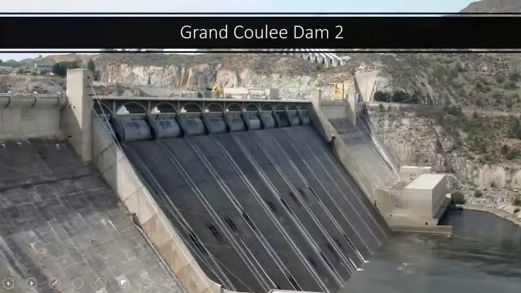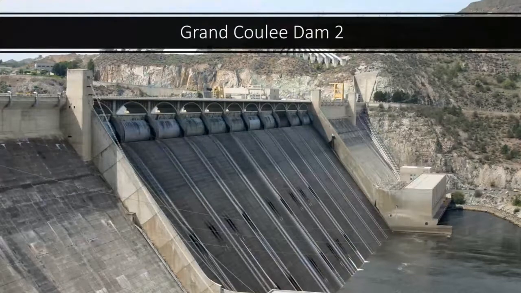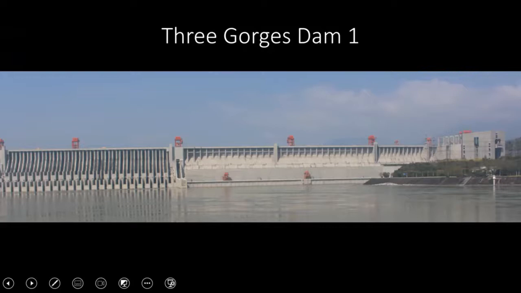Getting up closer, this is a similarity we can see to the Hoover Dam, where instead of a sheer drop-off, it's sort of an angled drop down to the bottom there. And so we think about why that's the case, why it needs to be like that. Three Gorges Dam is a dam in China.